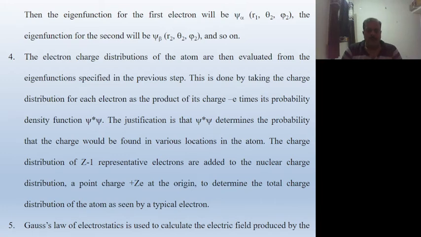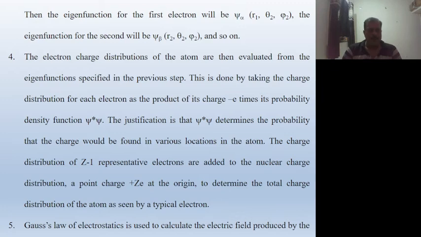The justification is that psi star psi determines the probability that the charge would be found in various locations in the atom. The charge distributions of the Z minus 1 representative electrons are added to the nuclear charge distribution, plus Ze at the origin, to determine the total charge distribution of the atom as seen by a typical electron.